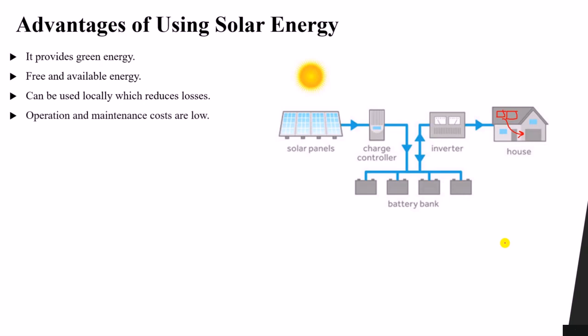The fourth advantage is that the operation and maintenance cost of a PV system is very low, because usually all you have to do is clean the solar panels every now and then. Also, it is silent.